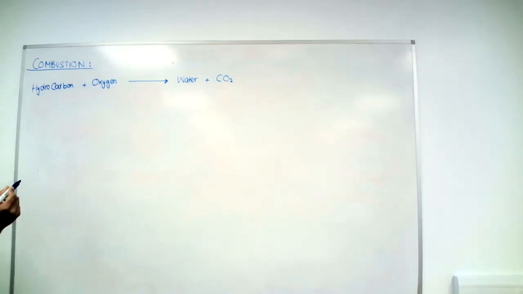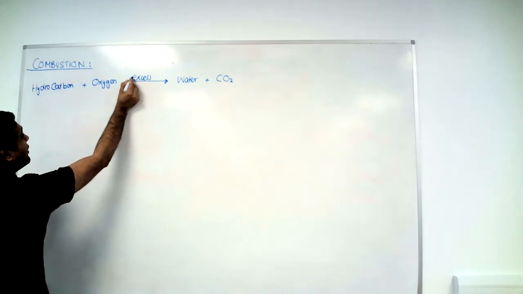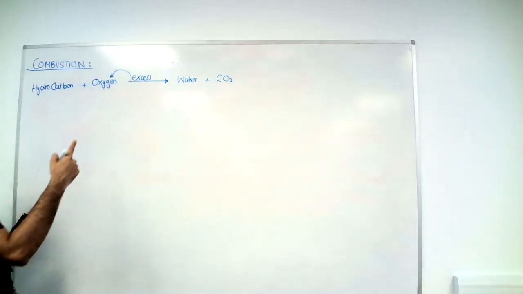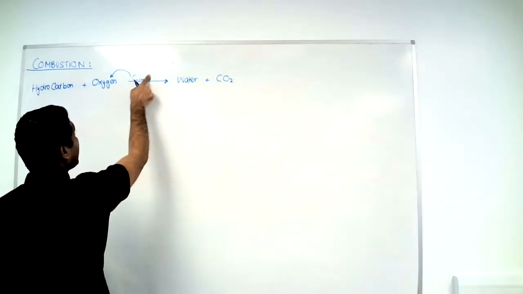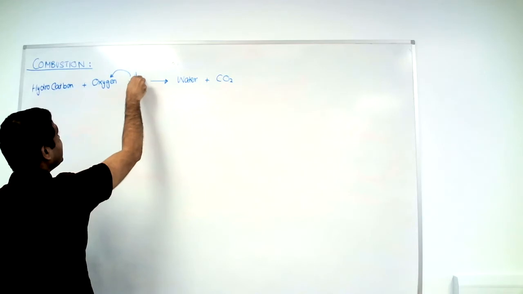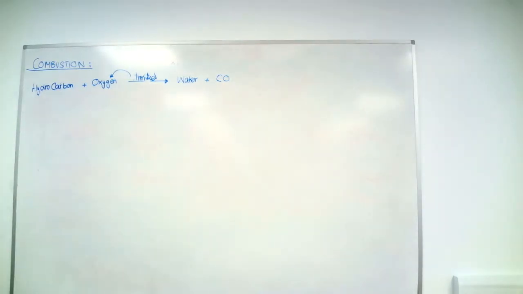When there's an excess of oxygen, you get carbon dioxide. If you have a limited amount of oxygen when the combustion happens, you will produce carbon monoxide, so CO. Carbon monoxide is dangerous.